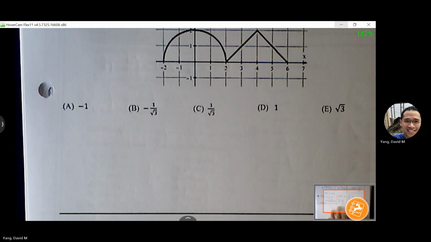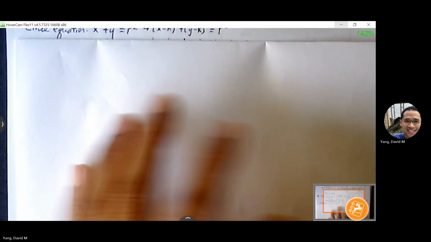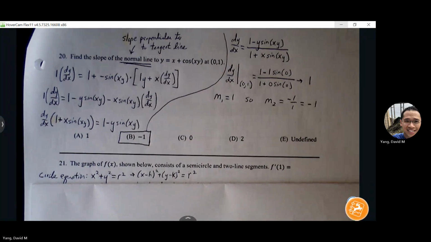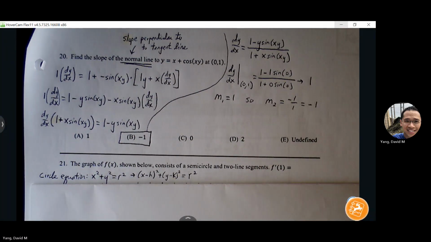So just focus on tangent line first. I think 20, you're gonna have to involve implicit and chain rule.